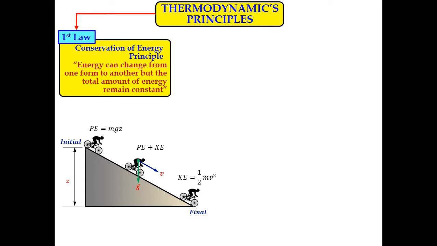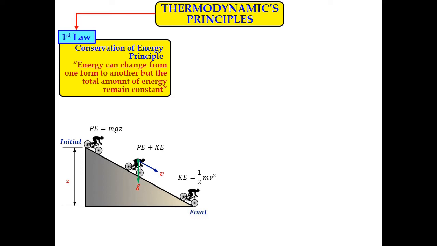PE stands for potential energy, KE stands for kinetic energy. The formula for PE, potential energy, is equal to mgz, and the formula for kinetic energy, KE, is equal to half multiplied by mass multiplied by the velocity of the cyclist to the power of 2.